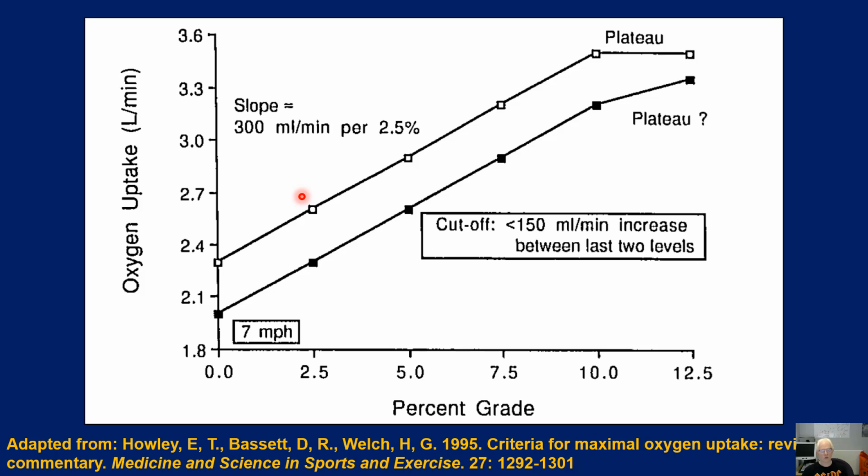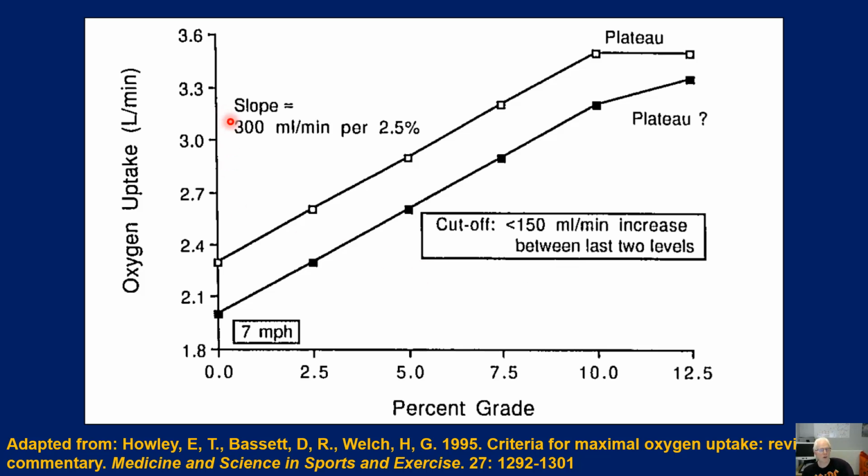So the net result was that Taylor recommended, and as Howley and Bassett have done here, they worked out half of the difference, so fundamentally if it's slowing down its rise, which is a plateau, if we go with half of that, we define that as a plateau, hence 150 mil. But herein lies the problem. That protocol, that method has been adopted across institutions globally without understanding where it came from.